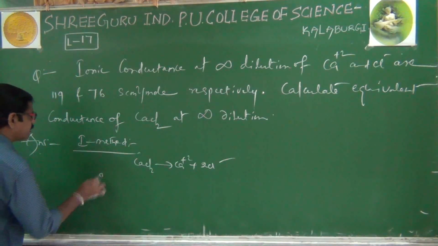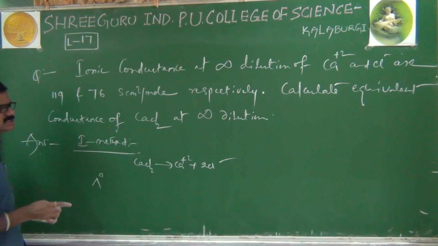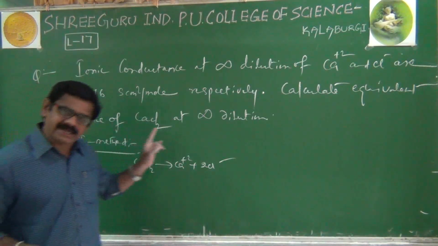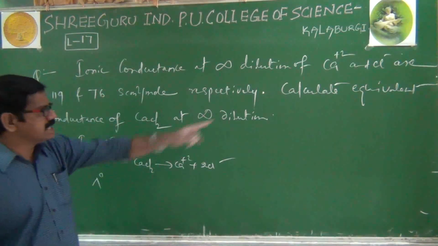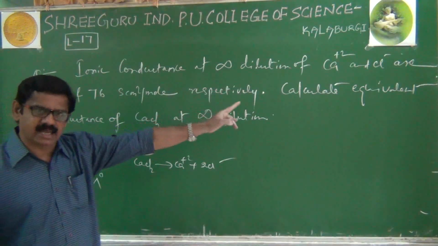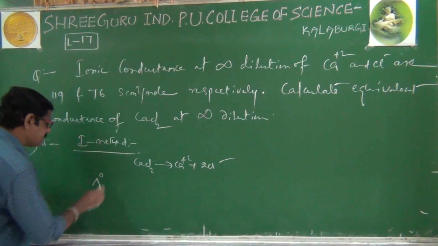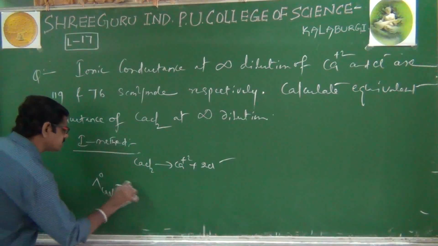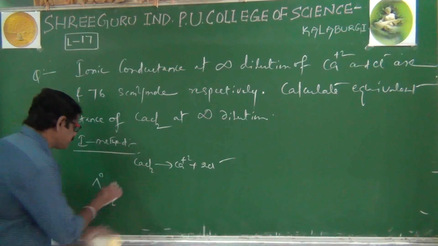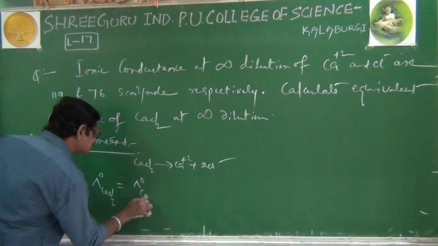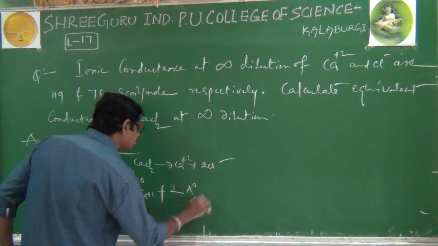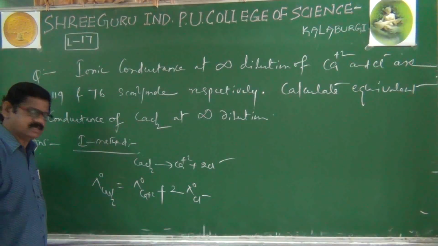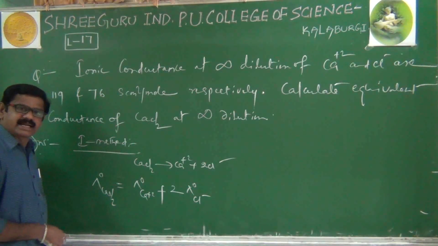Therefore, lambda naught, I'll calculate molar conductance of calcium chloride first of all. Of course, he's asking equivalent conductance, but first I'll calculate molar conductance. Lambda m naught CaCl2 is equal to lambda m naught Ca plus 2 plus 2 into lambda m naught Cl minus. This is molar conductance.